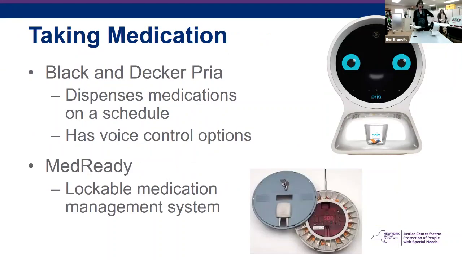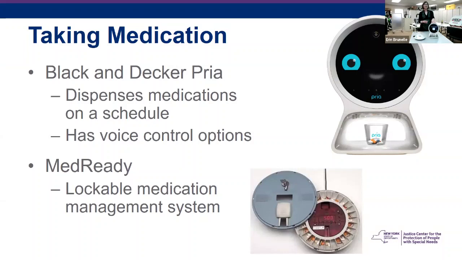Another important part of a lot of people's lives is taking our medications. And there are definitely some assistive devices that can help us with doing that, maintaining independence. One high-tech option is the PRIA, made by Black & Decker. This is a smart medication manager.